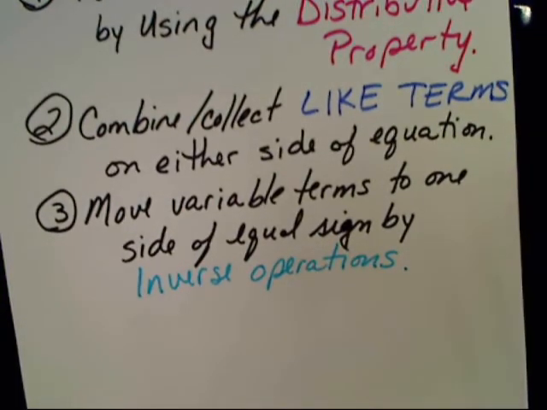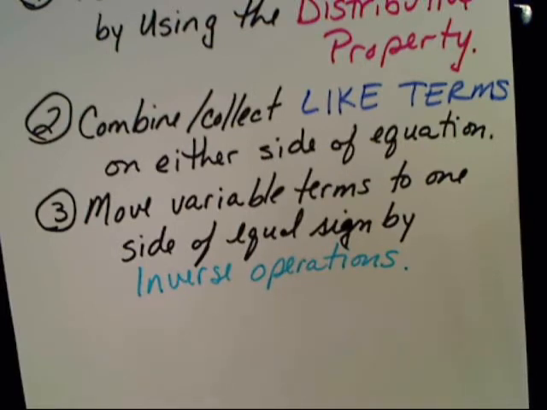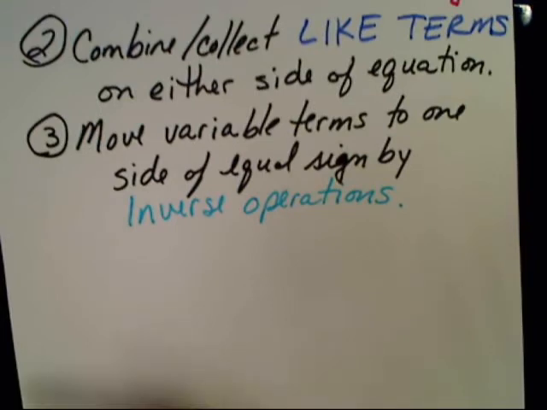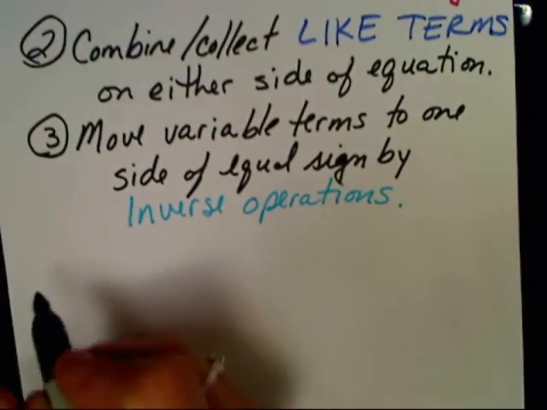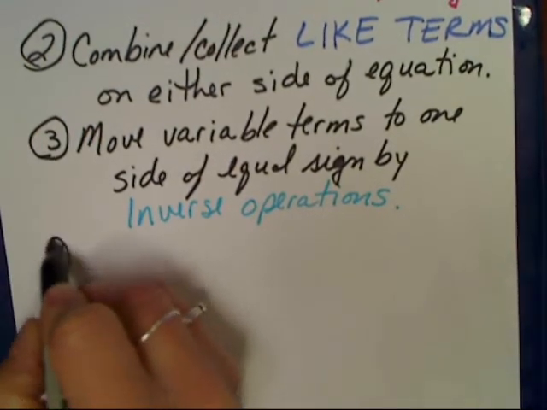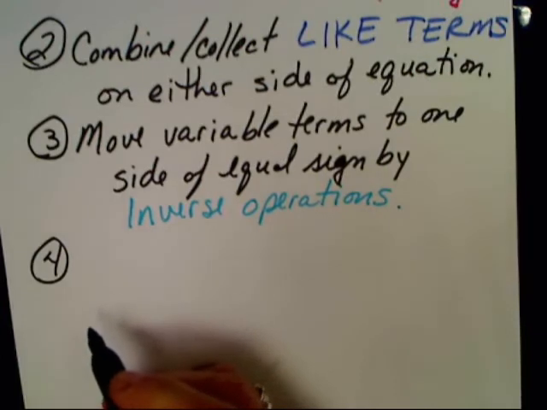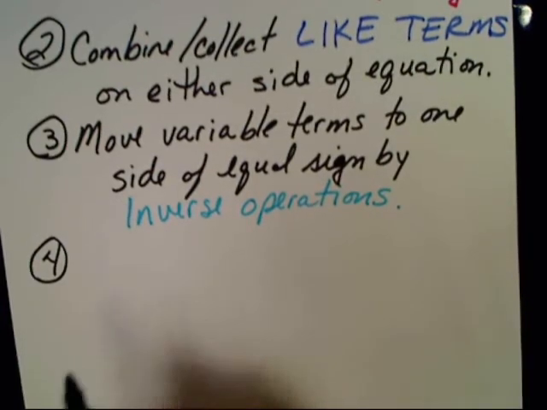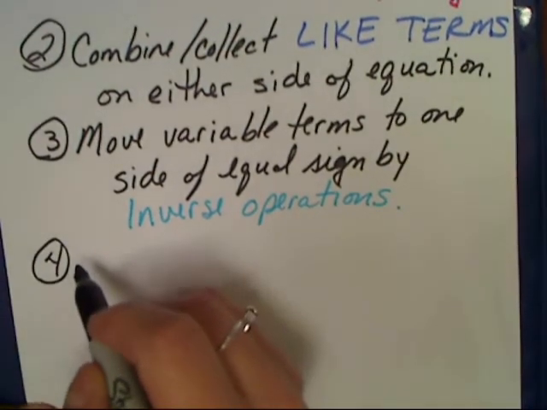Once again, the inverse of addition is subtraction. The inverse of subtraction is addition. Whenever you move a term, you're adding or subtracting. Step 4, when solving linear equations, would then be to move your constant terms to the other side. Those are the terms that don't have the letter.